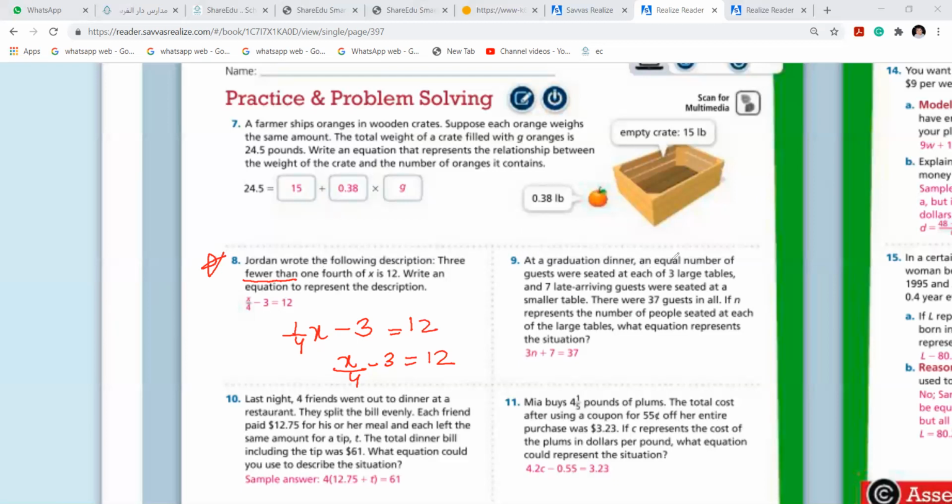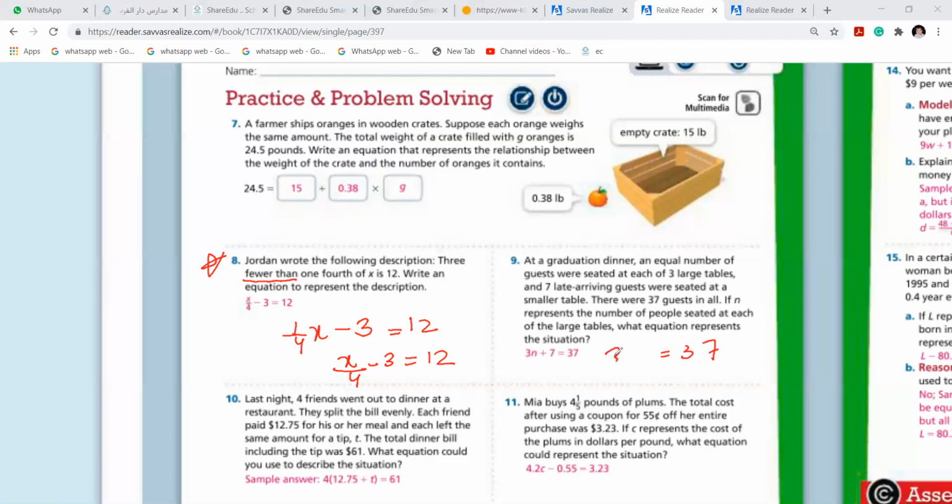At a graduation dinner, an equal number of guests were seated at each of 3 large tables and 7 late guests were seated at a smaller table. Total, how many guests were there? 37. So I'll write 37. And 3 large tables. I can take n as the number seated at each large table.